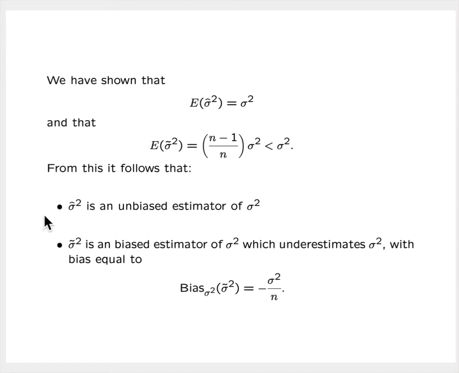Now, obviously, sigma hat squared is unbiased, right? In terms of what we might think of as accuracy, it seems to be pointing at the right thing, whereas sigma tilde squared is a little bit off, right? It's a little bit biased. In fact, in particular, it tends to underestimate sigma squared. But also remember that bias or unbiasedness is not the only characteristic that we consider when we're thinking about the quality of an estimator.